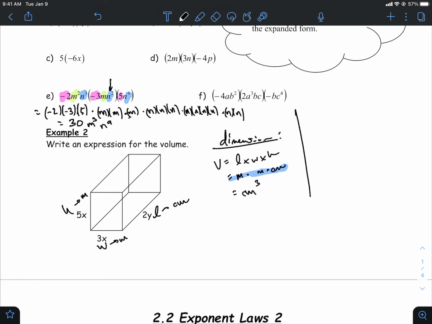It'll give me a volume equal to length times width times height, and if you were to plug in length, width, and height into this equation, you're going to see the length would be 2y, times the width would be 3x, and the height would be 5x. So can you all simplify that for me?